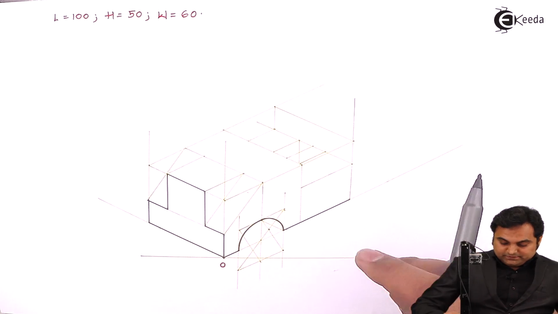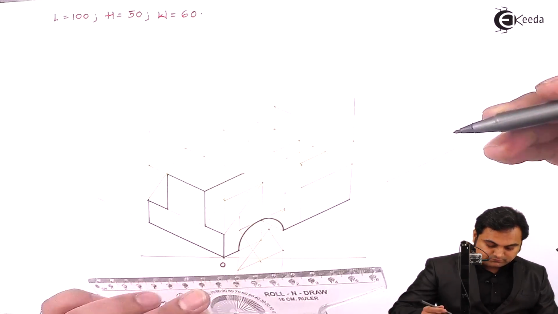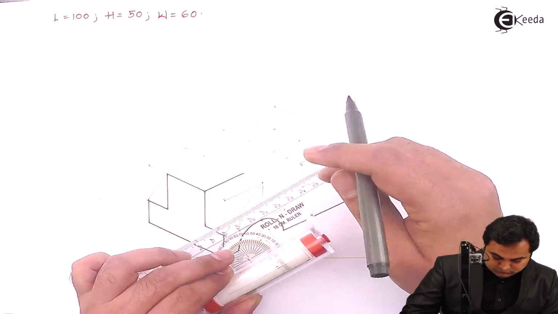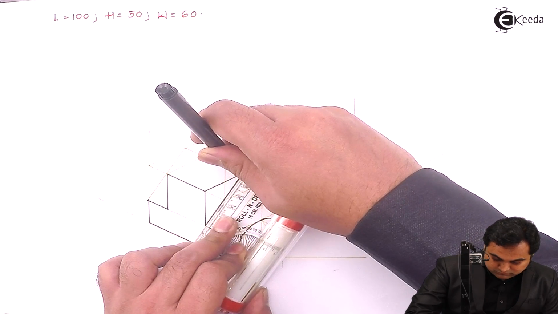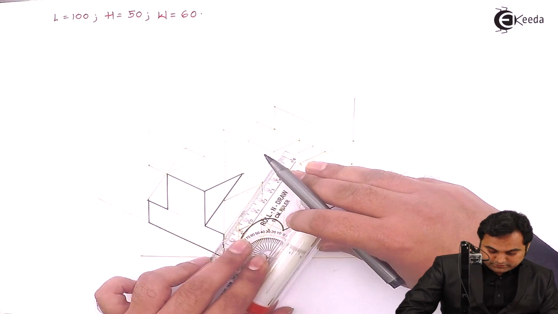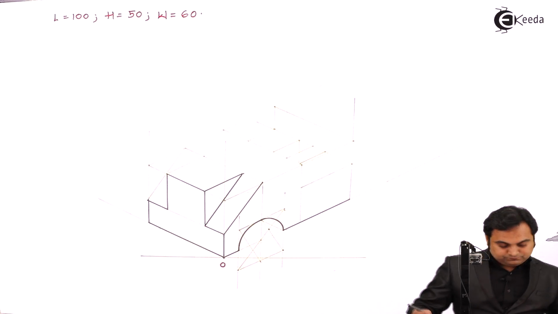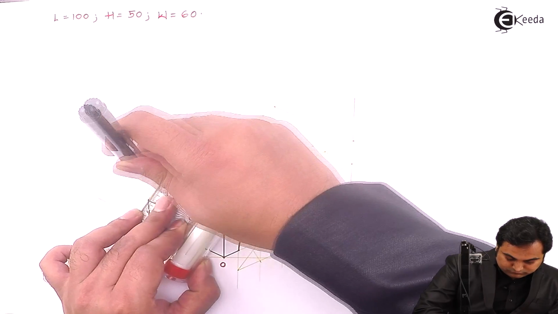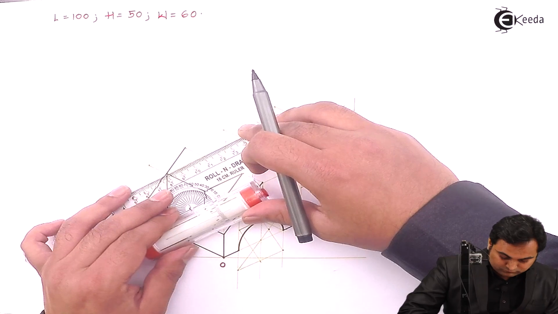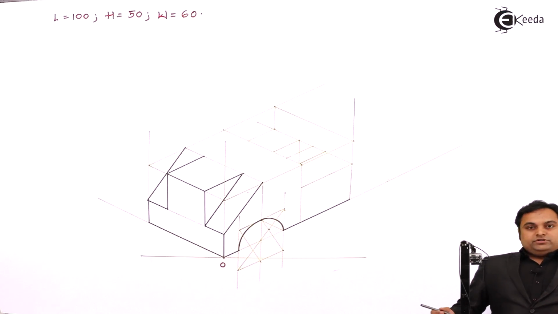So this surface is seen. Then drawing this surface parallel, and even from here, so this surface is seen.